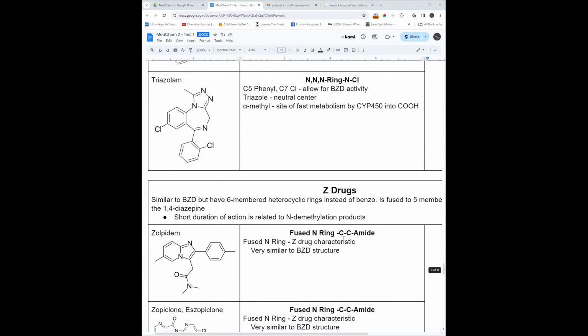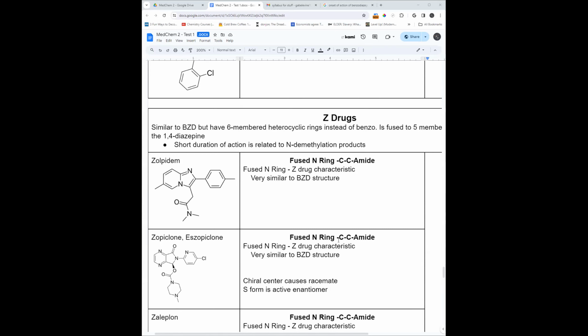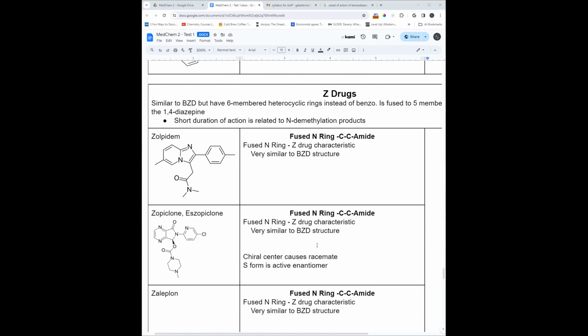The difference is that because they're not benzodiazepines, they don't fit very well into the receptor. They don't have as much activity. So even though they have a very similar structure in the fused ring, they just don't have as good of activity.